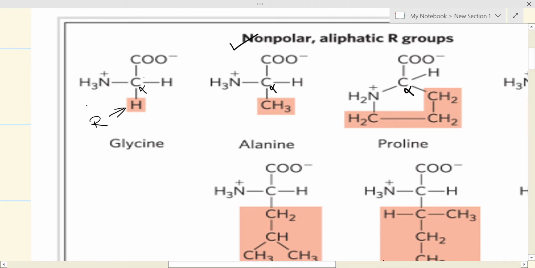So glycine is achiral. Achiral in nature means it is symmetric. So it will not rotate the plane polarized light, and therefore there are no stereoisomers.